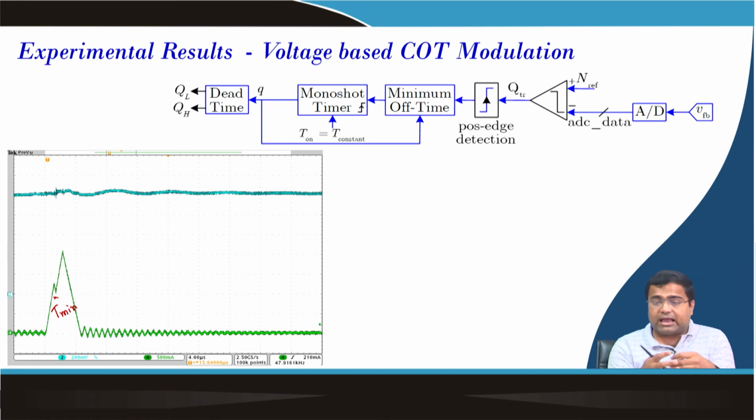But what can be done, if you increase the input voltage for the fixed on time, your current will increase, because on time is fixed, input voltage increasing, the slope will increase, and you may not find this consecutive on time, but otherwise this will increase the ripple, because of the continuous on time the ripple may increase. But all this problem may be resolved if you use an analog comparator.